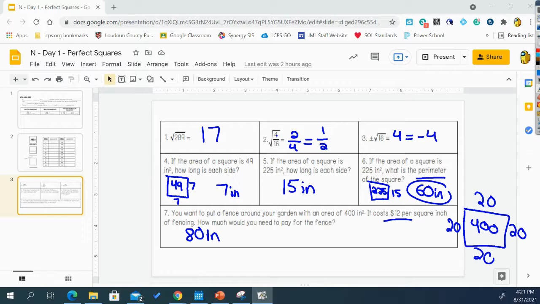So we all need to take our calculators, and in our calculators, we need to do this 80 inches, and we need to multiply it by this $12. And if we did that, our 80 times 12, we'll get our final price. We would have to pay $960.